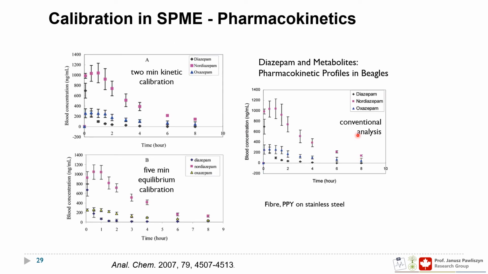When you compare the data, which is very interesting, you can see this is the standard approach: blood drawn from a live dog, separation of plasma and then protein precipitation, versus equilibrium conditions of SPME and kinetic conditions, short sampling. You can see the absolute concentrations received are identical. And not only are they identical, the profile is also identical.